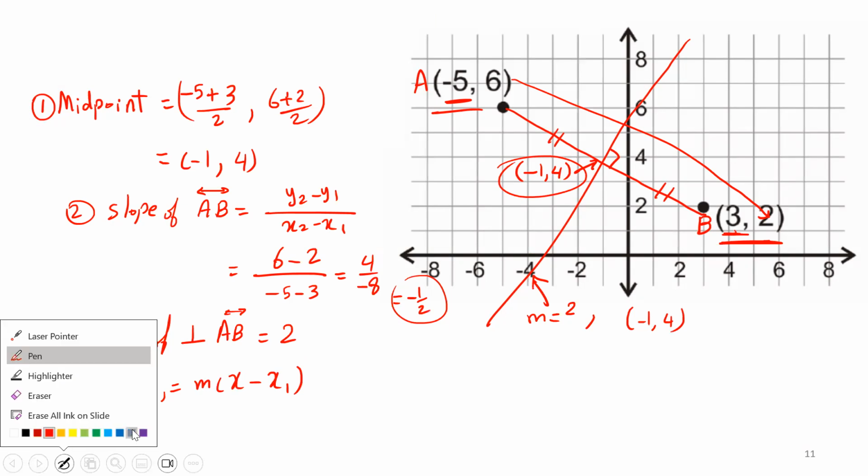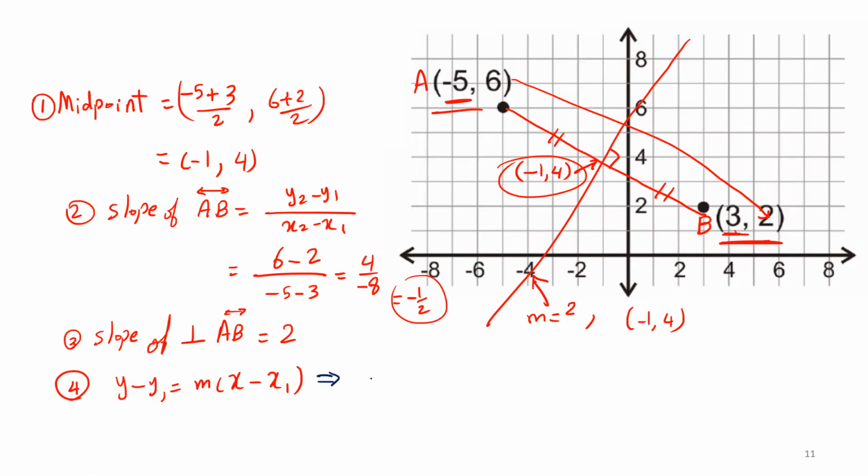Quite easy, quite simple. So write y minus 4, using the point (-1, 4), is equal to the slope 2 times x minus -1, which can be written as x plus 1.